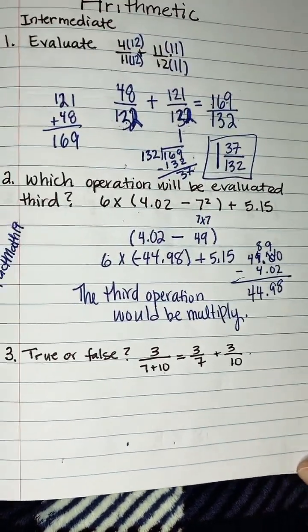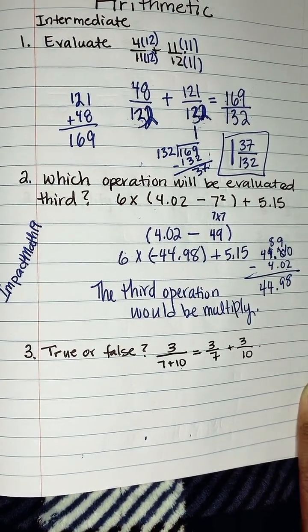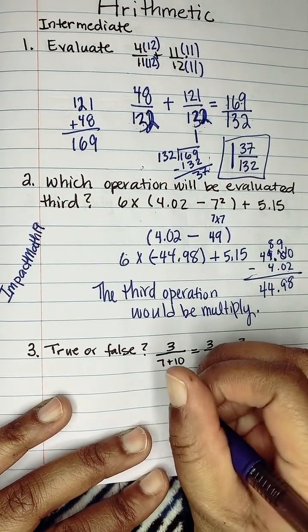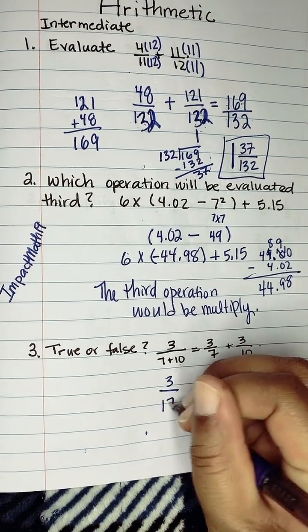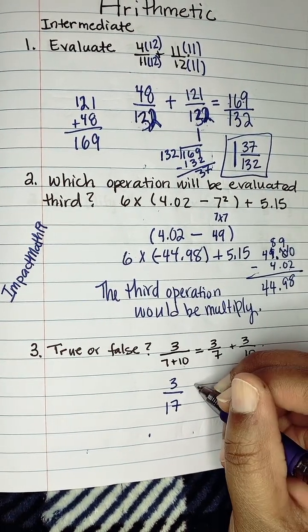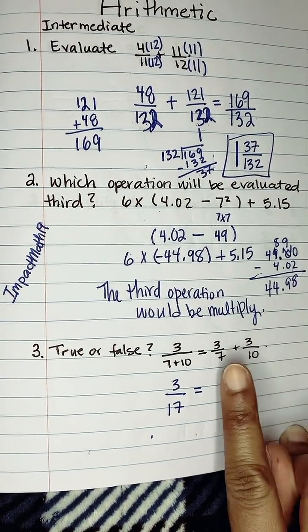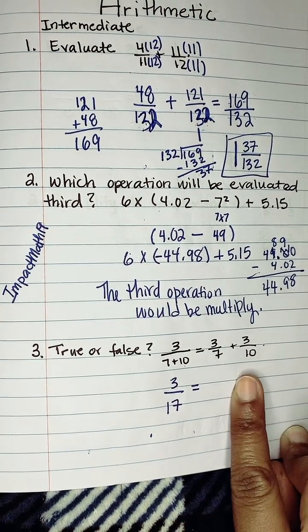Great question. All right. So Kevin said false. I love it. Okay. So let's see. This one over here is going to be 3 over 7 plus 10, which is going to be 17. Now remember when we add fractions here, this is different from this, you guys.